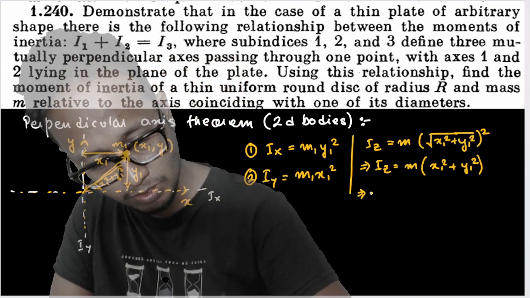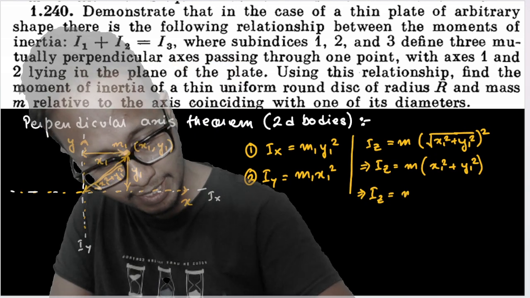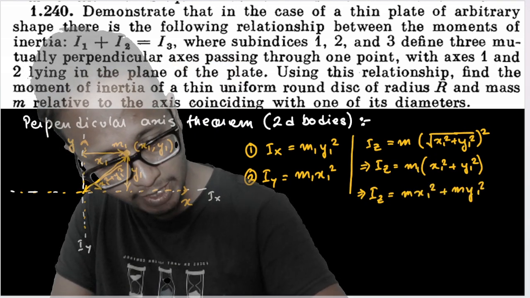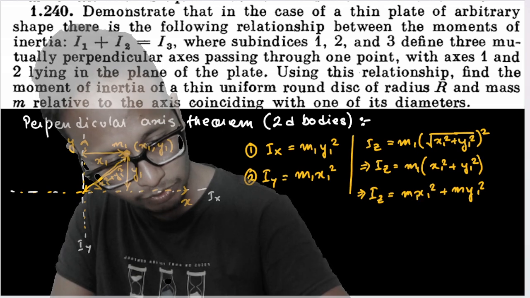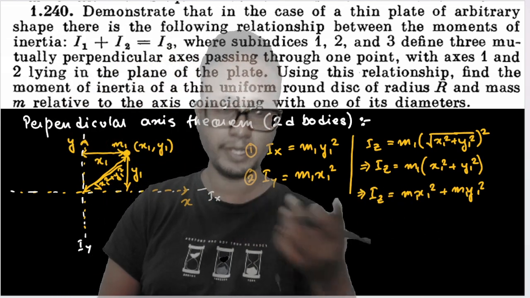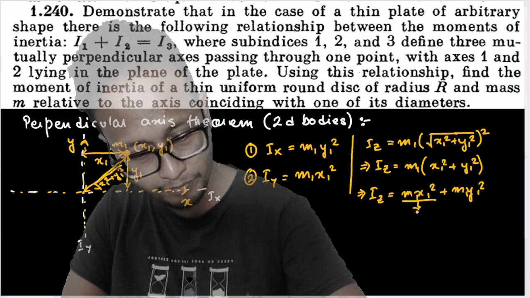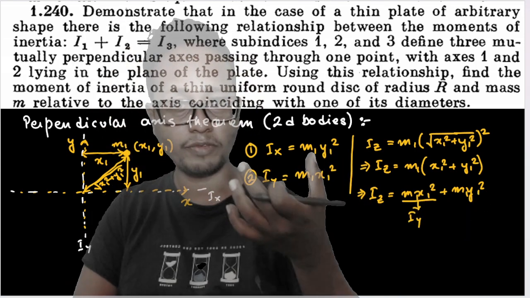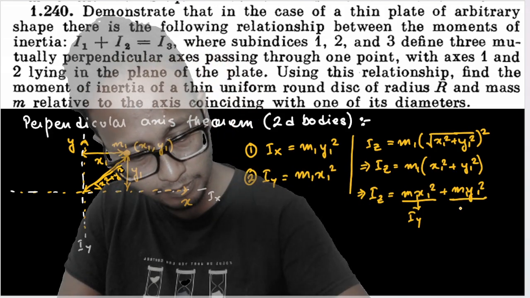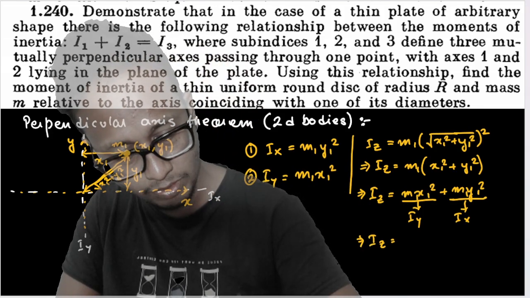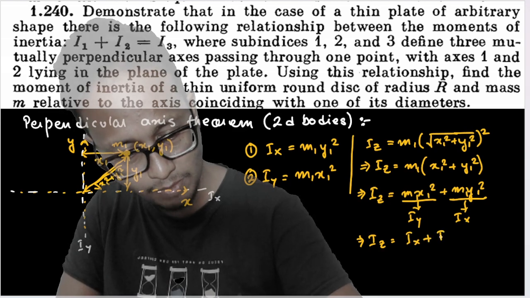Now Iz can be written as m1 x1 square plus m1 y1 square. Now m1 x1 square is nothing but Iy, and this one is nothing but Ix, the moment of inertia passing through the x-axis. So I can prove that Iz is equal to Ix plus Iy.